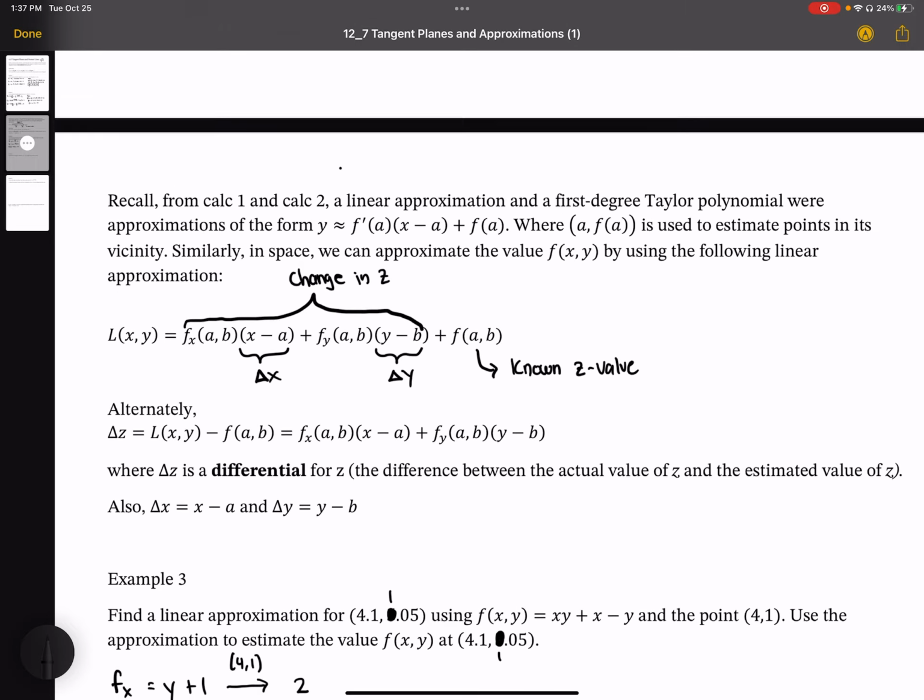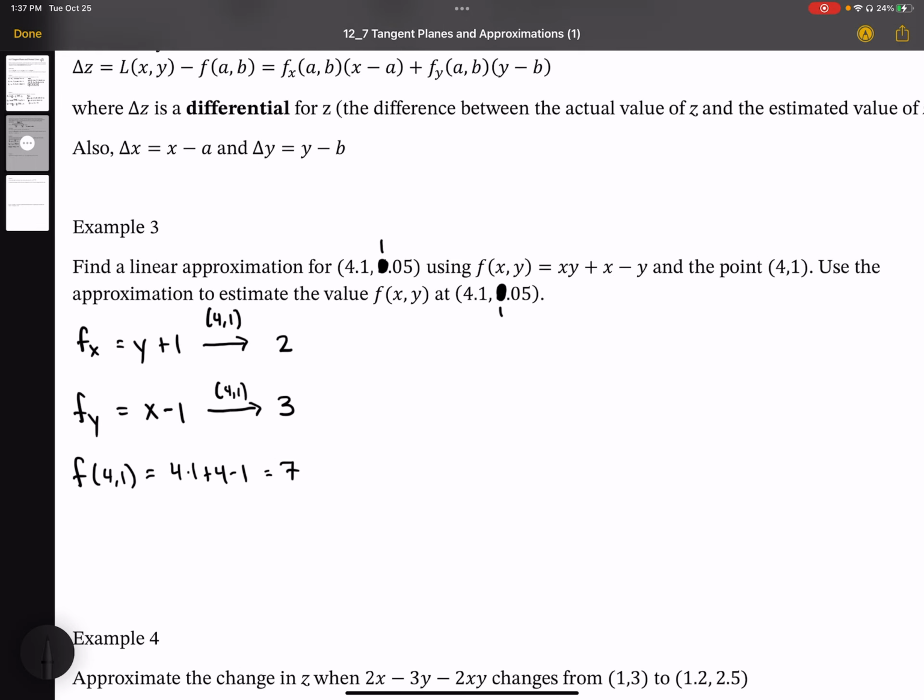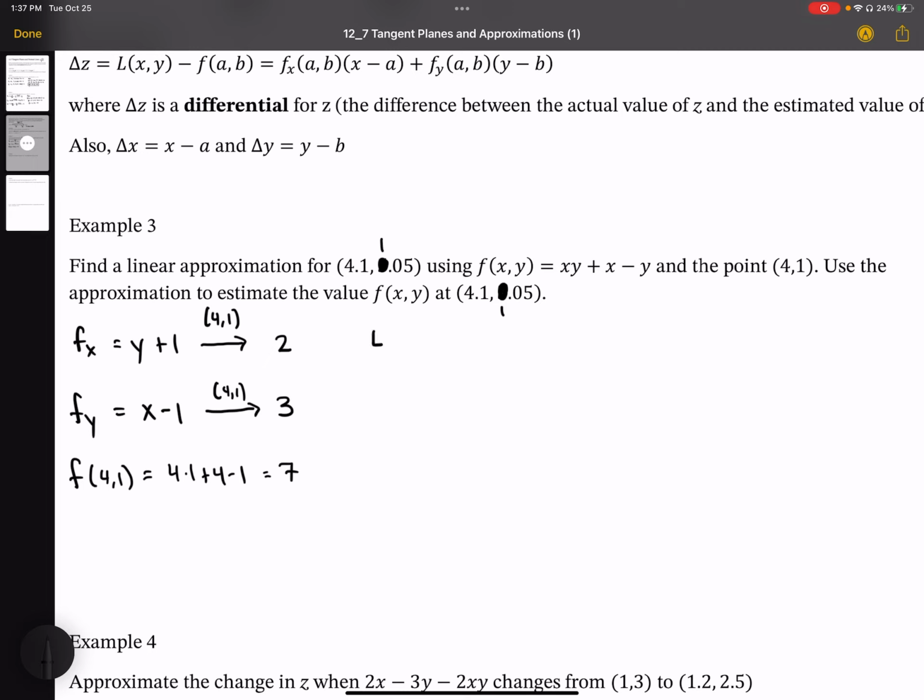So first, let's write a function to approximate points close to 4, 1. That's what the L of xy means.